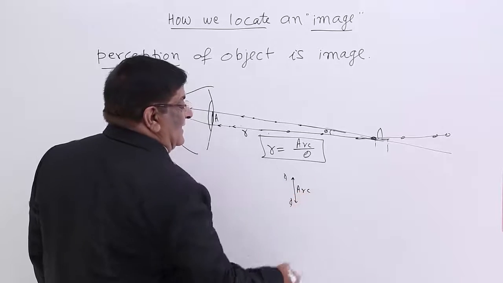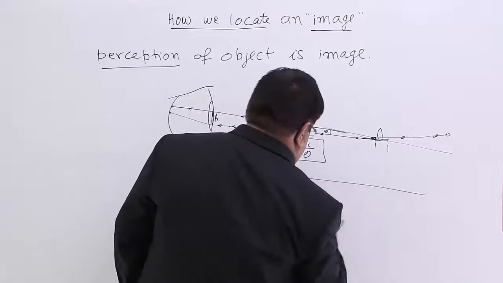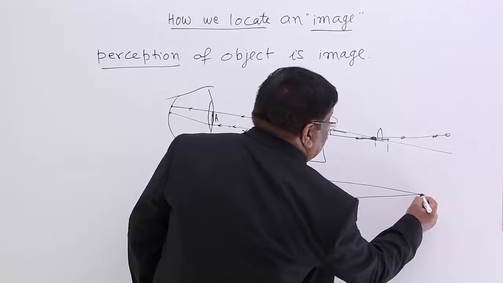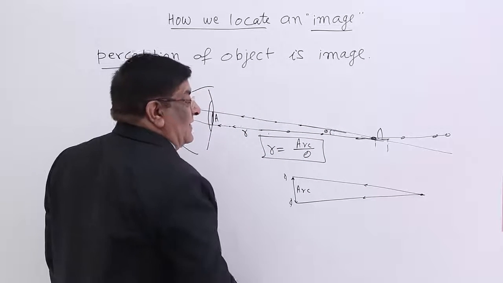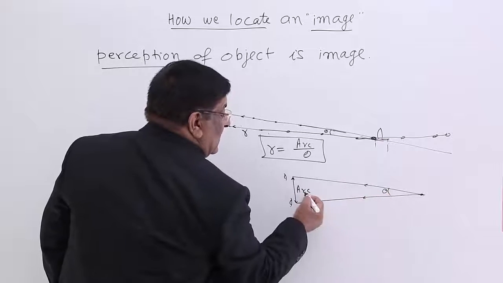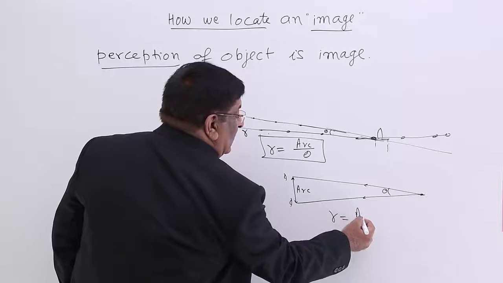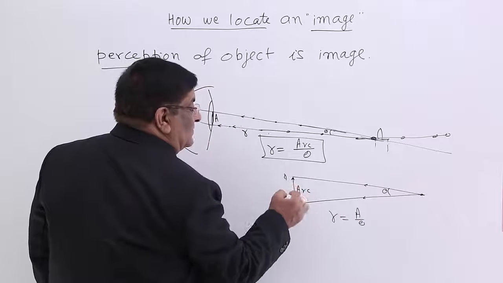This acts as the arc, and here is an object. From here the two rays are coming, and this angle gives us the reading of theta, and our brain can make it out.